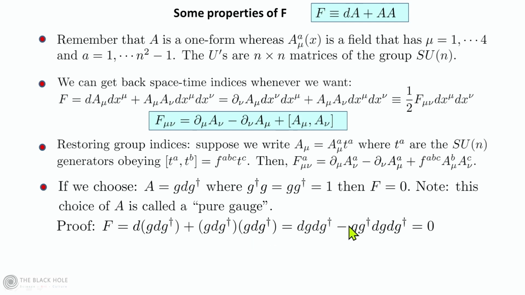And so you just flip that around. And so look, GG† is 1, and so this and this have cancelled. The point is, and this is a very important point, that any A which can be written in this form gives rise to a 0 field strength tensor. F is 0, although A is not 0.